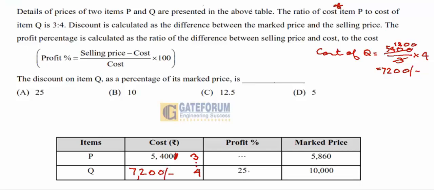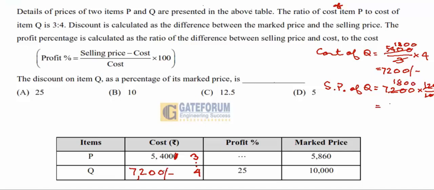Now the profit percent is 25%, so I can easily find out the selling price of Q. The selling price of Q will be 7,200 multiplied by 125 by 100, and that can be reduced to 5 by 4, and with 4 once again this becomes 1,800.